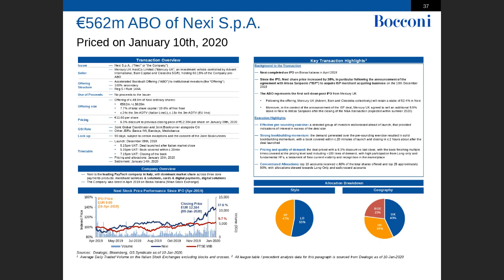The 100% was €9 per share, and it went down right after the IPO trading started. Then quarter after quarter, Nexi went up, and the share price performance of Nexi was 38% compared to 9.7% for the index. As you can see here, this company easily outperforms the stock market.